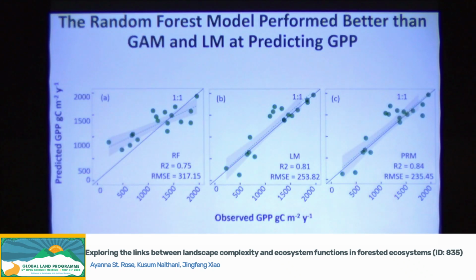And here we see that again the polynomial regression model is doing a better job at predicting gross primary productivity, and these predictions are a little bit better than the ecosystem respiration predictions.